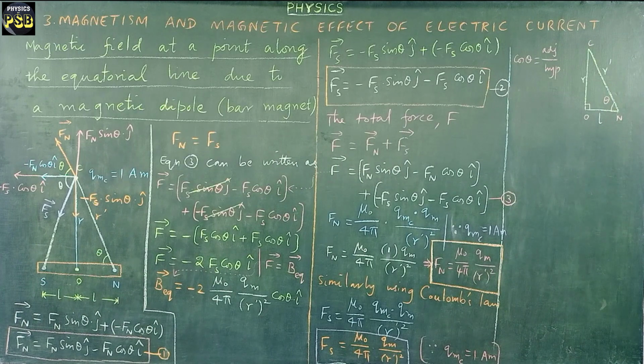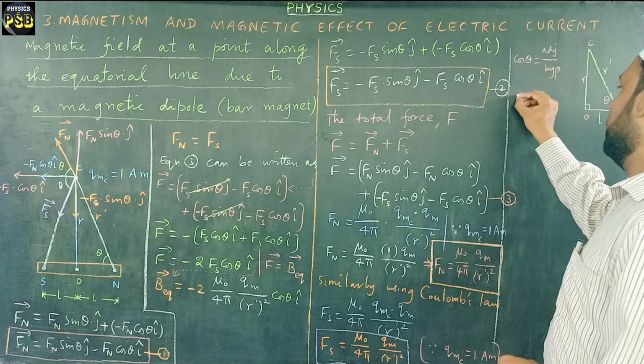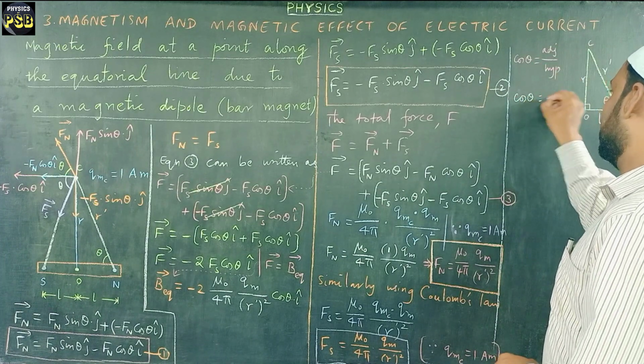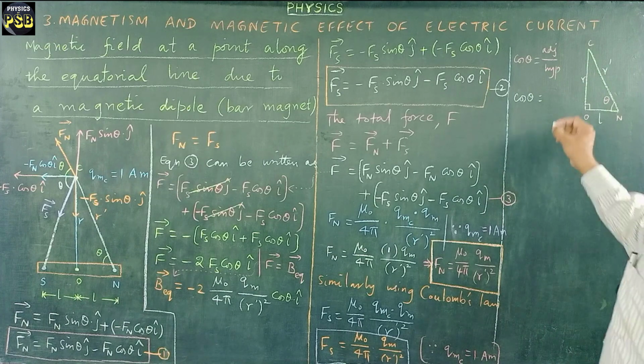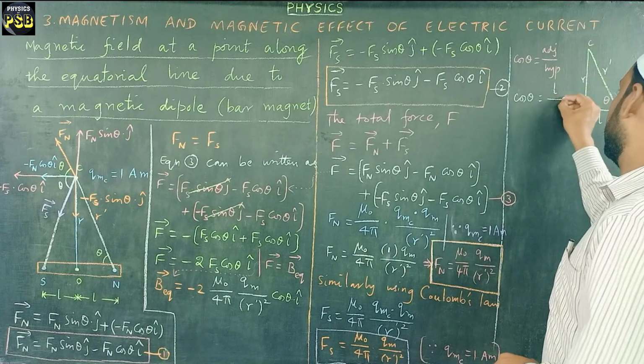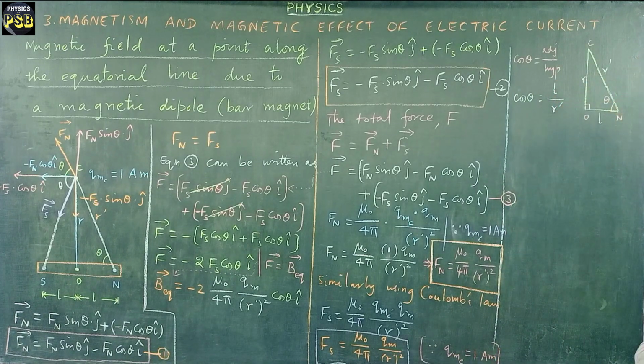Got it? Now I am going to get the value of r dash and also the cos theta value. Here, cos theta equals adjacent side L, hypotenuse r dash.